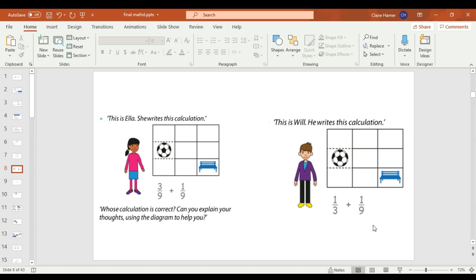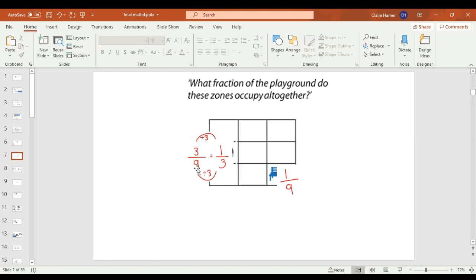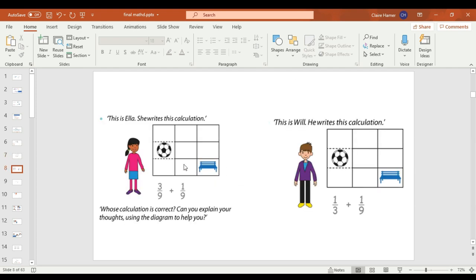Okay, so in my opinion, they're actually both correct because, as we discussed before, 3/9 and 1/3 are equivalent. But I like Ella's workings better because it makes it easier to get to the answer. And we'll find out later why. Okay, but they're both correct.